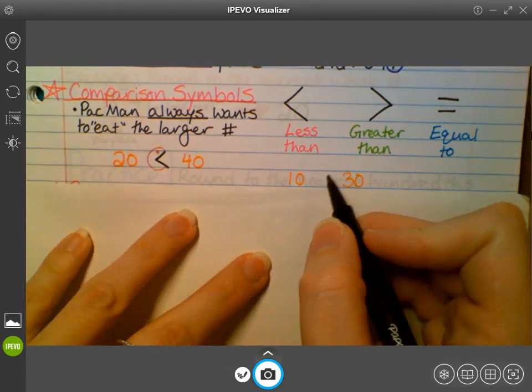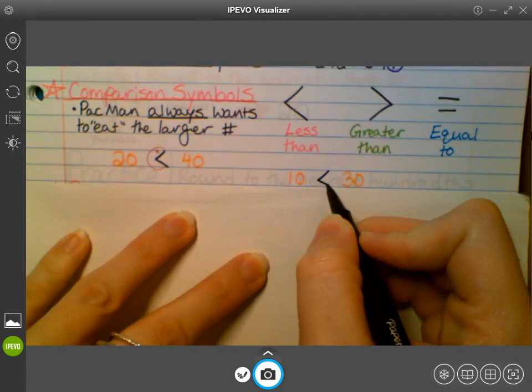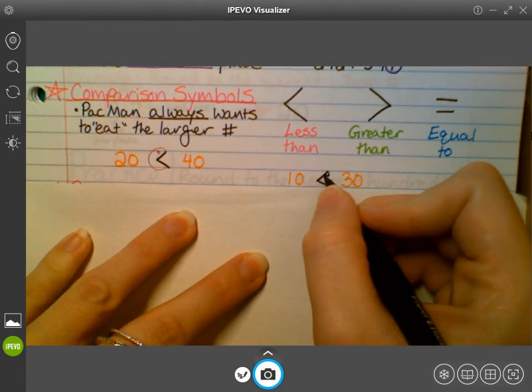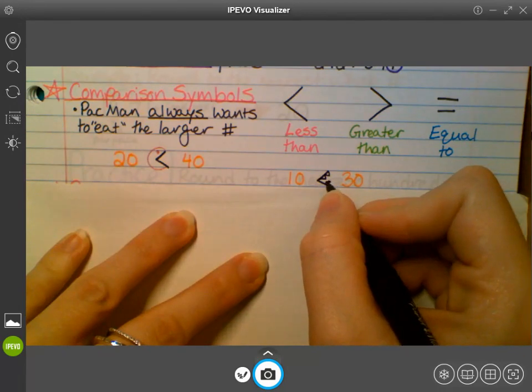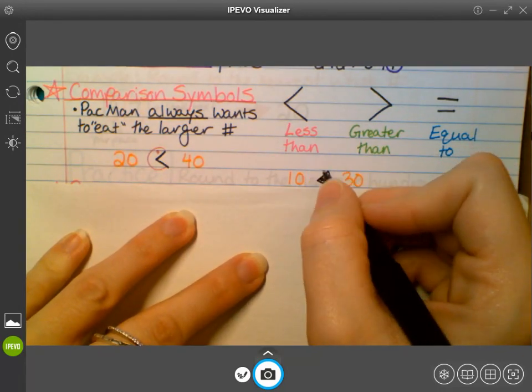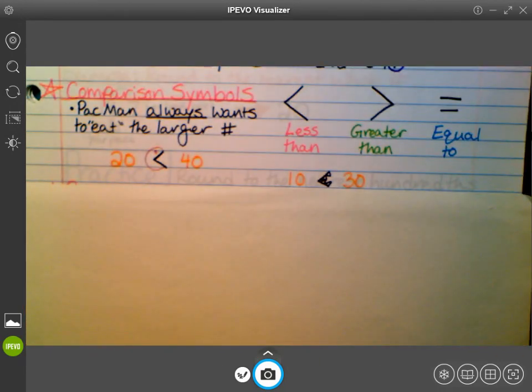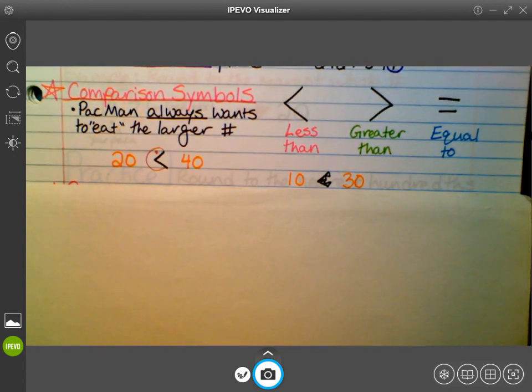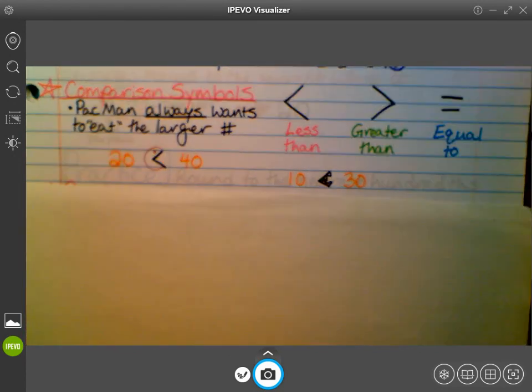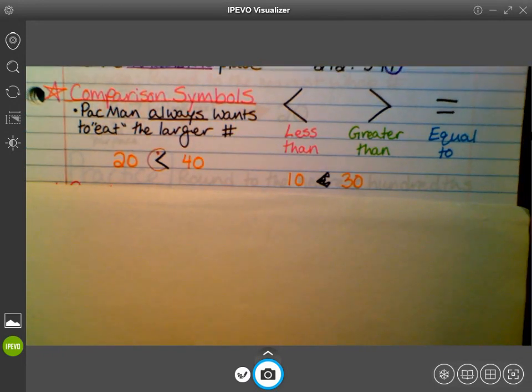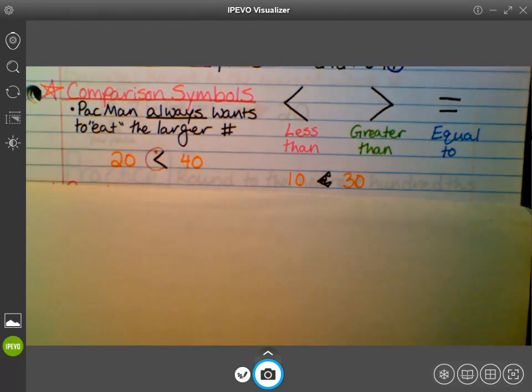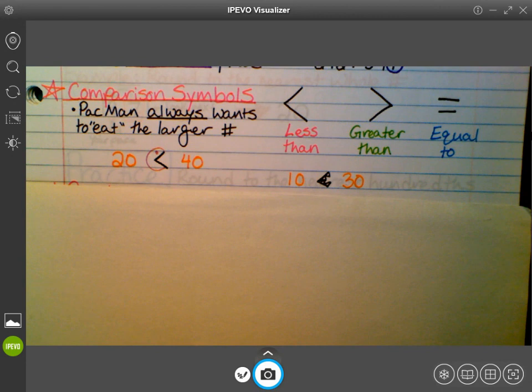So again, you want it to open up towards 30, and you might add teeth if it's an alligator, because it wants to eat the larger number, or crocodile, whatever you want to call it. So either way, you want the symbol to open towards the larger number. Does that make sense? Okay. And if on a test you're drawing little Pac-Man for your greater than and less than, I'm okay with that, if that helps you.